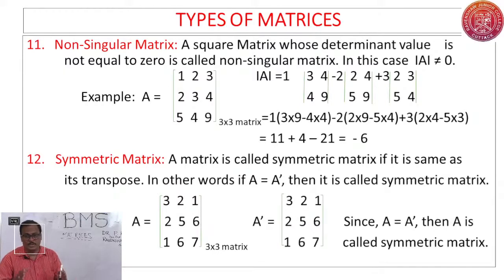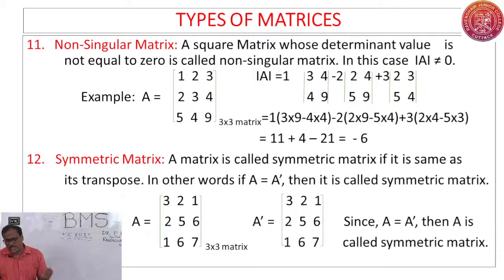Now we find the value of this second order determinant. The first one is 1 multiplied by the first element with the fourth element, or the second element of the second row. So that is 3 into 9 minus 4 into 4. That means the first row second element with the second row first element.